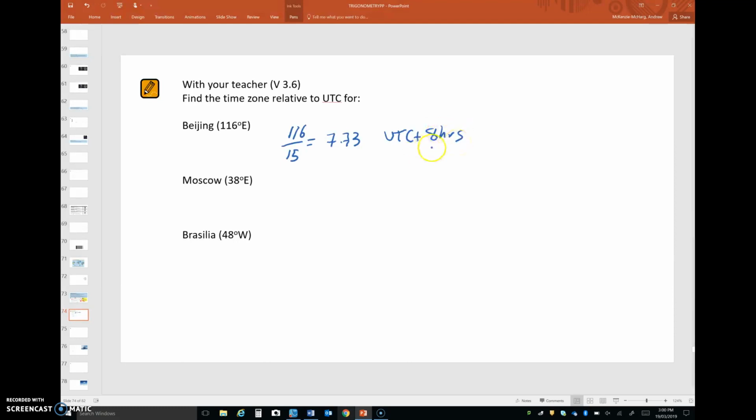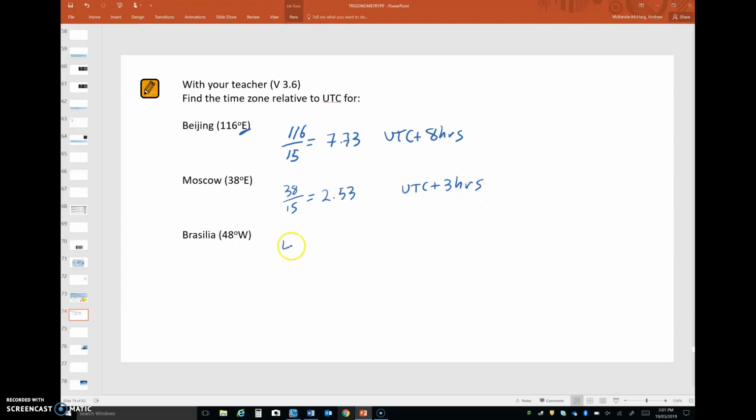Now, the reason it's a plus is because anything that's to the east of Greenwich Mean Time is positive. That's ahead. So you can guess that anything that's west, like Brasilia down here, is going to be negative. Alright, Moscow, 38 divided by 15 gives 2.53, which rounds to UTC plus 3 hours.